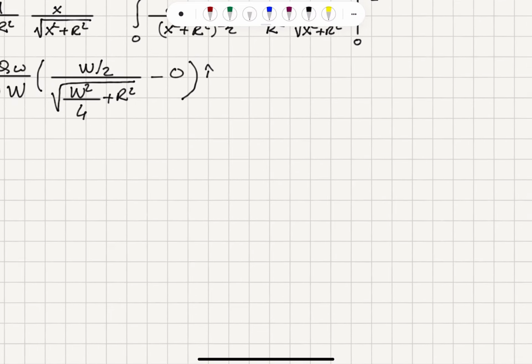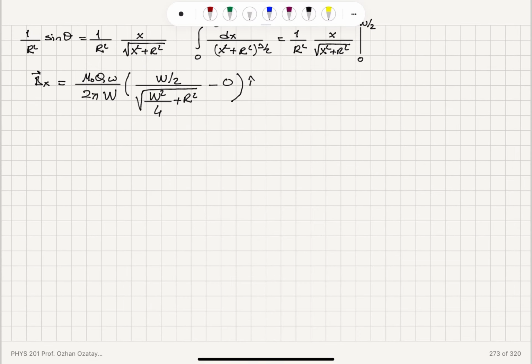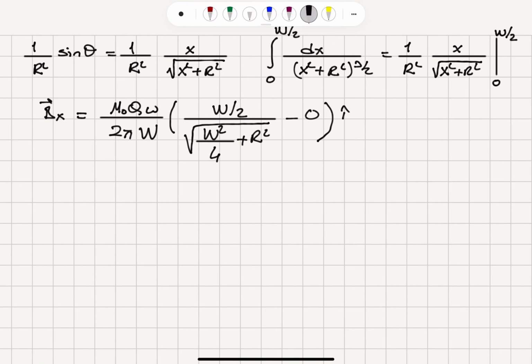So this is just putting in the limits of integration. And finally, I find the magnetic field Bx to be mu 0 q omega divided by, these w's will cancel, 2 pi times the square root of w squared plus 4R squared, in the i hat direction.